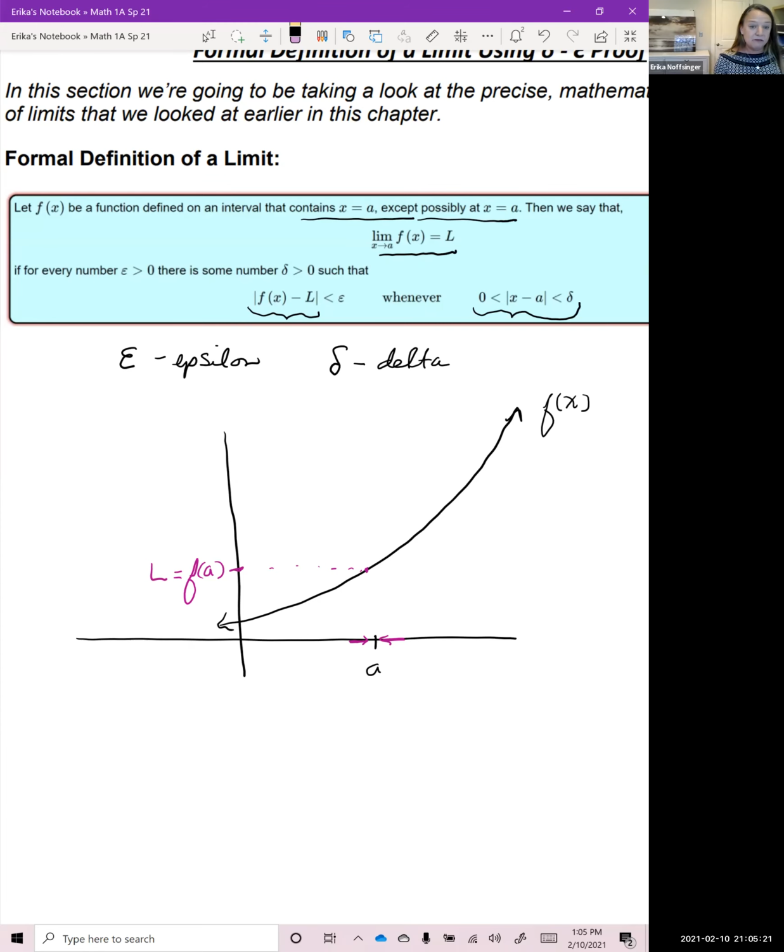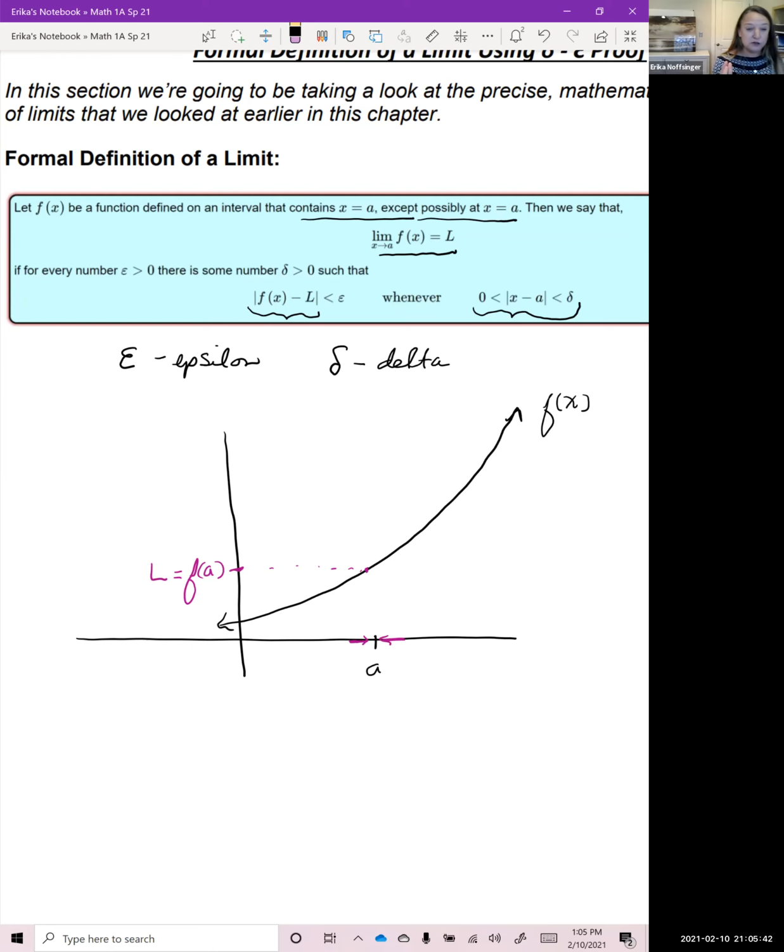So if for every epsilon greater than 0, basically we're going to have some value of epsilon greater than 0, infinitesimally small, as small as we can get it. But think of this as blown up on my graph so we can see it.